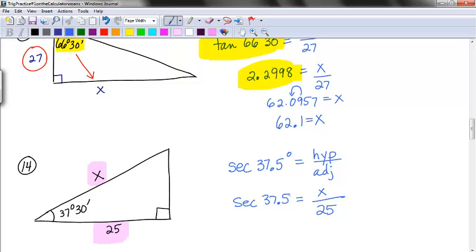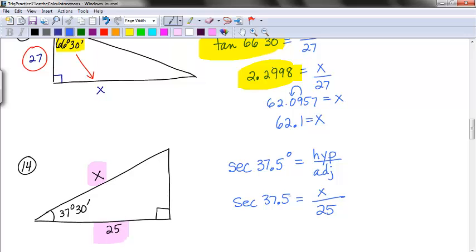So you have to go through what we did on the calculator. Secant of 37.5. We know the angle. So you go ahead and figure cosine of 37.5. You have a choice. You can press enter and then get the reciprocal key, or you can close the parentheses and do the reciprocal key.